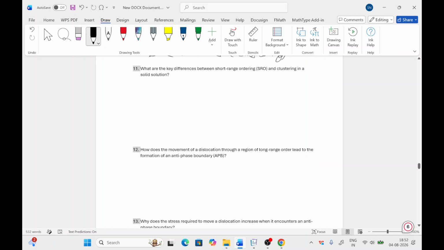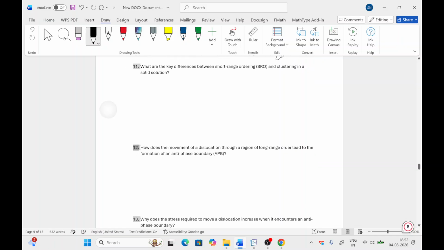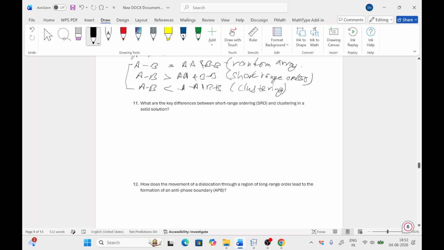So the 11th question is, what are the key differences between short range ordering and clustering in a solid solution? The difference is this: for short range ordering, AB interaction should be higher than the AA interaction, and for clustering, AB interaction should be less than AA interaction.